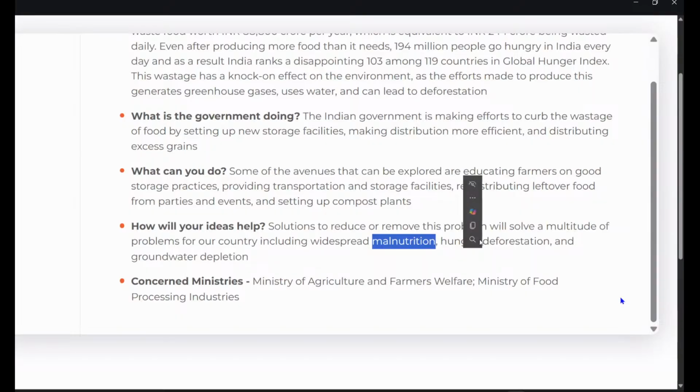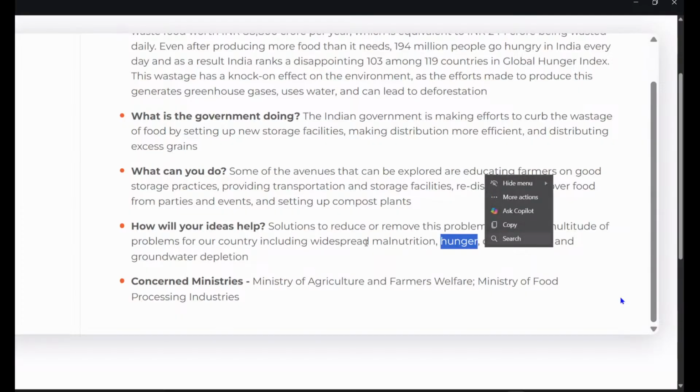We have hunger, deforestation, and groundwater depletion, so we can solve these problems. If someone comes tomorrow and asks why I built an app for good storage facilities, or why I'm building an app to redistribute food, we can say that we are preventing malnutrition and solving the problem of hunger.